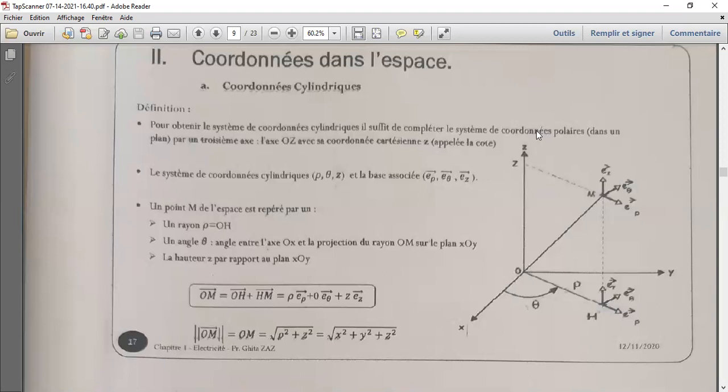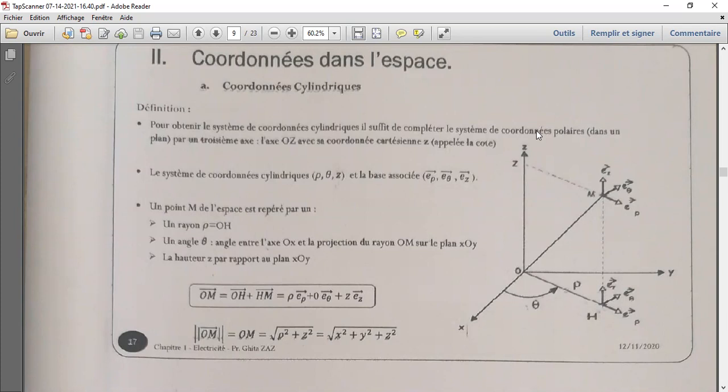In other terms, polar coordinates are the base of cylindrical coordinates. I have explained more on polar coordinates, where a point is determined only by rho, which is the radius, and theta, which is the angle.